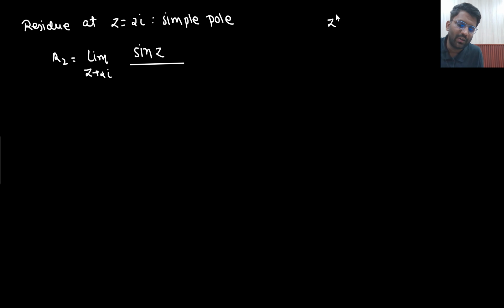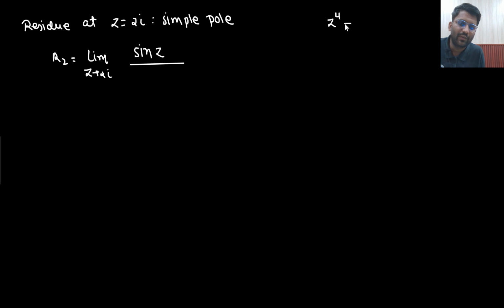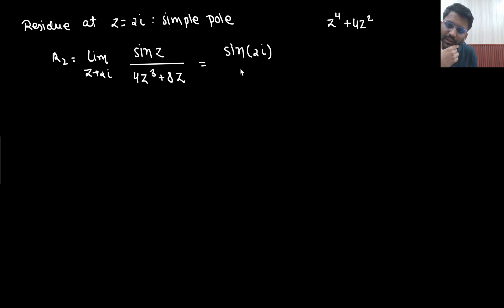Denominator is z to the power 4 plus 4z square. So you need to differentiate it. What answer will you be getting? 4z cube plus 8z. Say yes or no? 4z cube plus 8z. Now in place of it you need to put 2 iota. So sin 2 iota divided by 4 into 2 iota cube plus 8 into 2 iota.